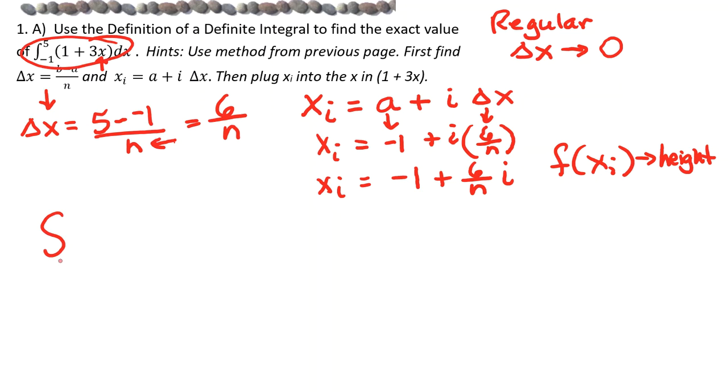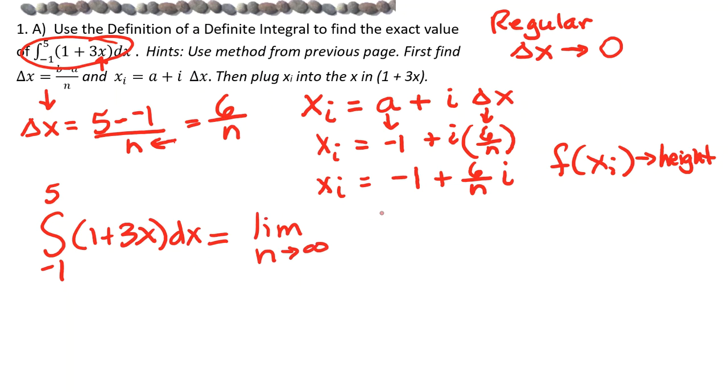All right, so now we've got set up what we need. Now we can do the definition of a definite integral. So we are going to be finding the exact value because we are going to do an infinite number of Riemann rectangles.